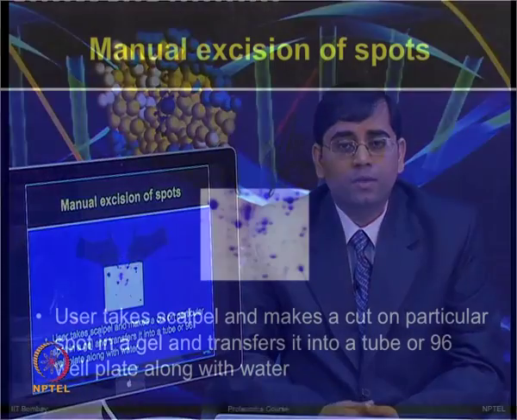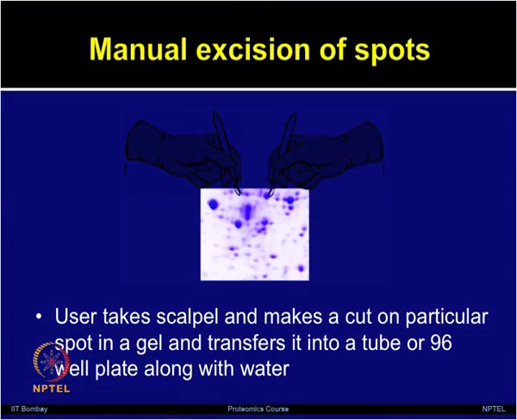So, I will show you two methods here for spot picking. One is manual excision of the spot, where the user can take a scalpel and make a cut on the gel for the spot of interest, transfer that into an Eppendorf tube, label it, and then transfer it into the 96 well plate along with water. You have to ensure that you are using milli-Q water or autoclaved, very purified water.